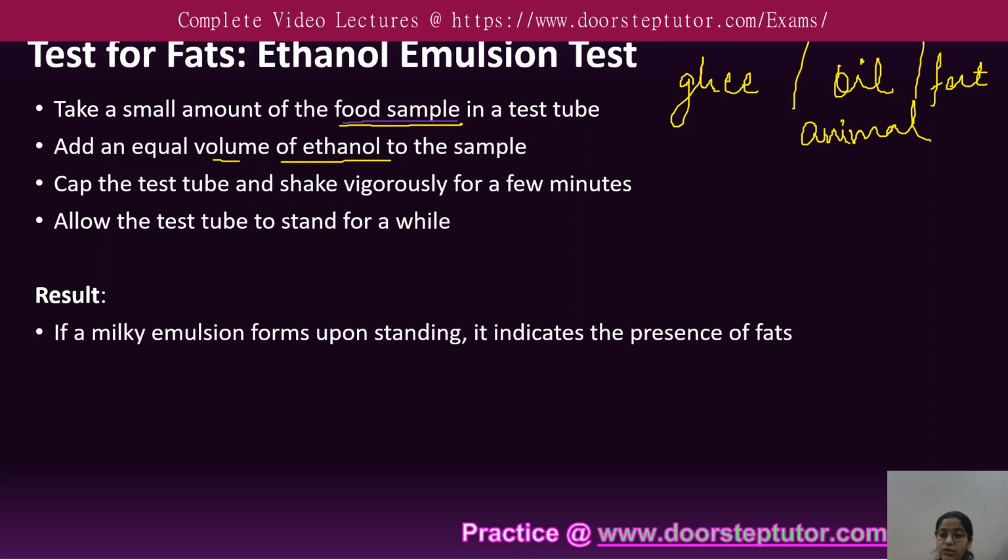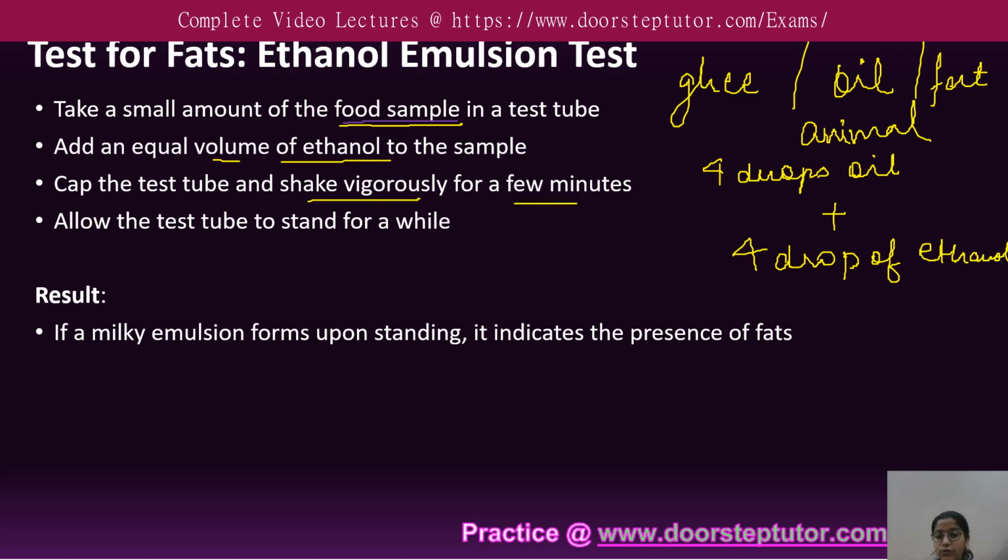Suppose you took 4 drops of oil, then add 4 drops of ethanol. Then you will vigorously shake the test tube for a few minutes, so just try and mix them.